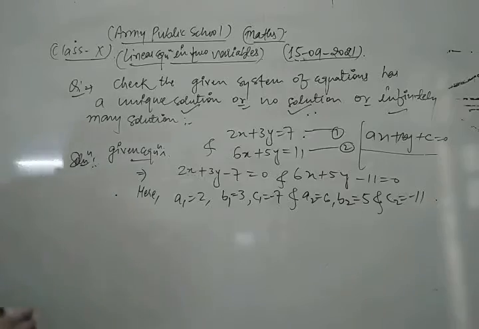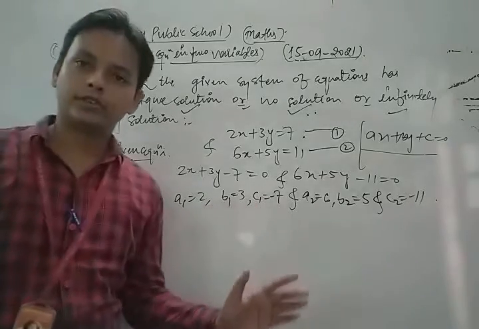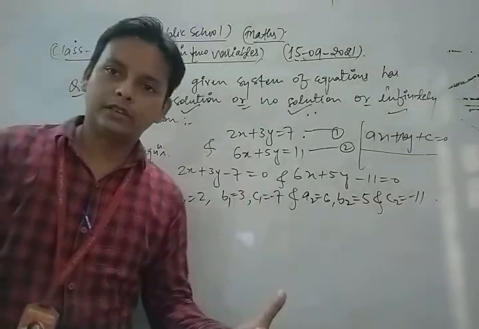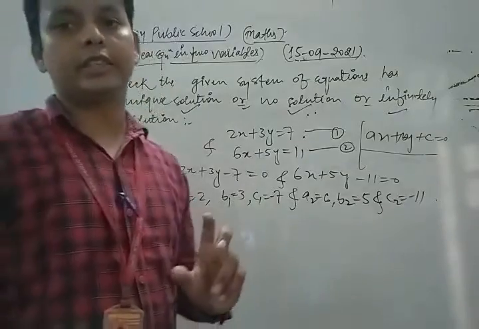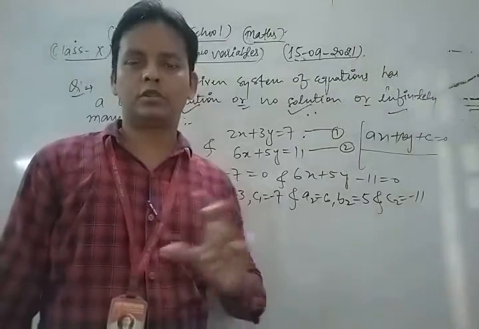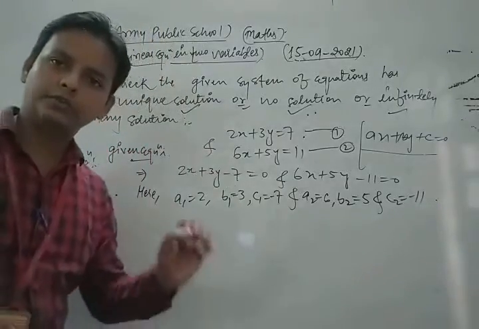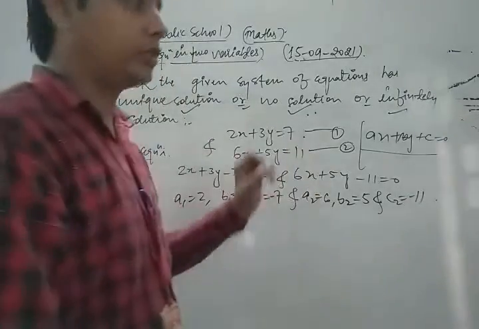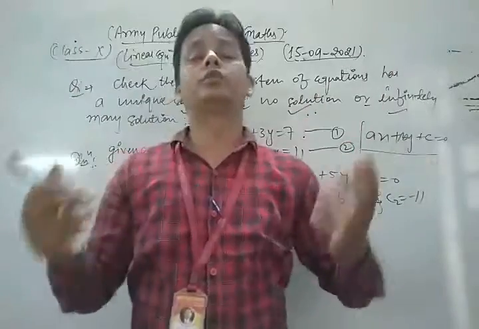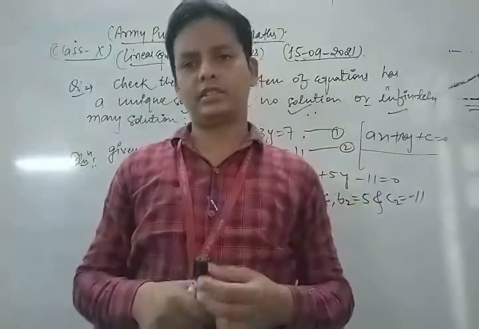So dear students, first of all we compare the given system of equations with the standard equations. After that we find a1 upon a2, b1 upon b2 and c1 upon c2. After that we observe the given conditions.